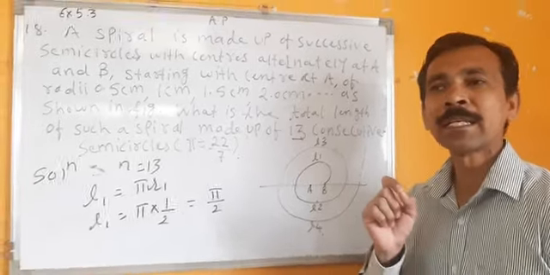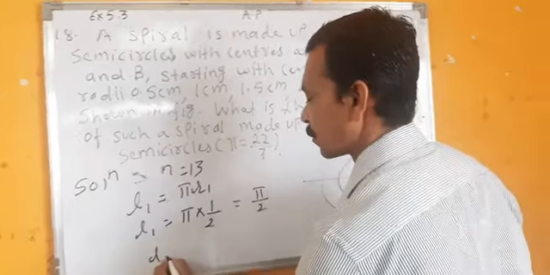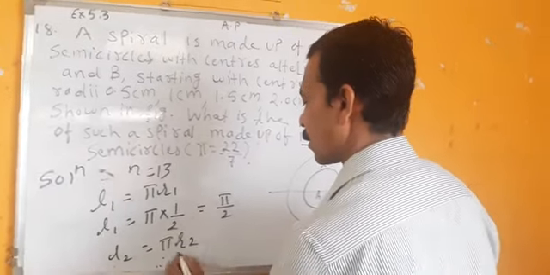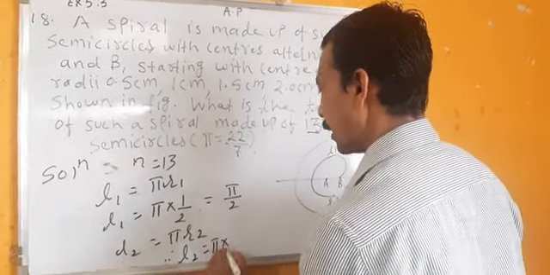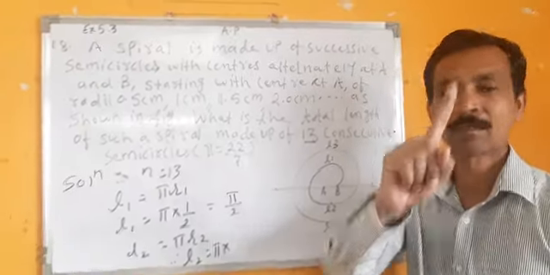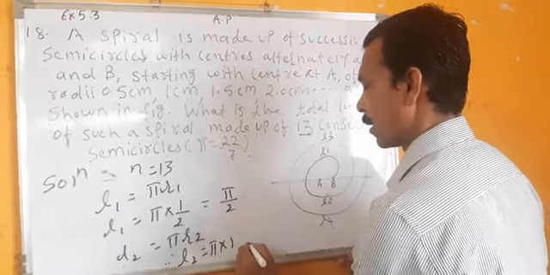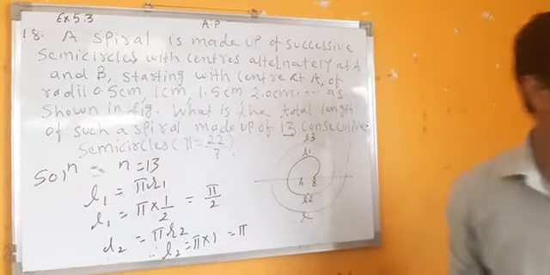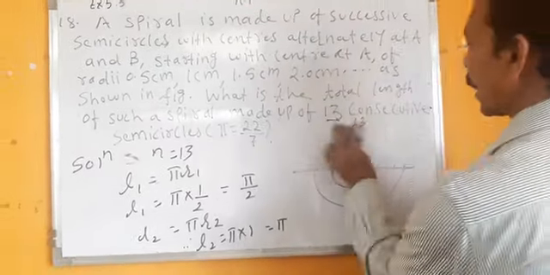L2 is equal to pi r2. Therefore, L2 is equal to pi into, what is the second radius? 1 centimeter. So it is pi 1 is a pi, so L2 is pi.